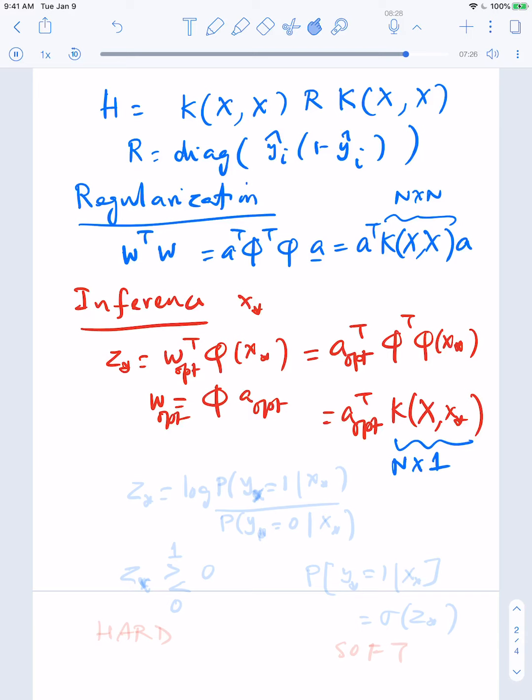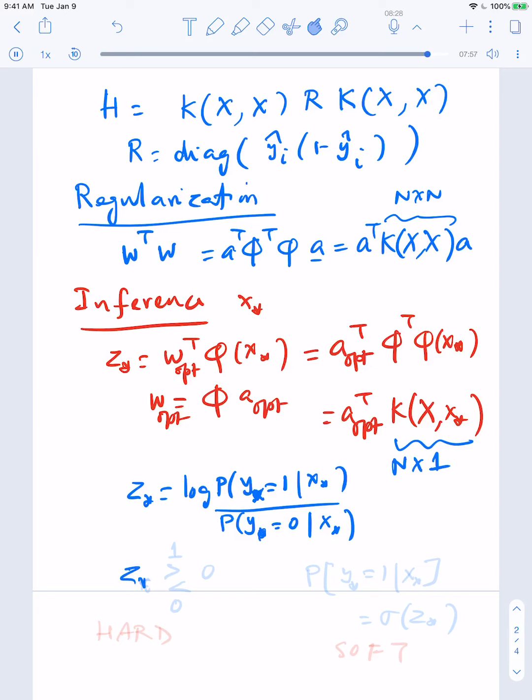One more thing. If you want to make a decision, z star is the log of the probability of y star equals 1 given x star divided by the probability of y star equals 0 given x star. A hard decision just means, if z star is positive, the top is bigger than half and the bottom is less than half, and I'll decide 1. If z star is negative, I'll decide 0.